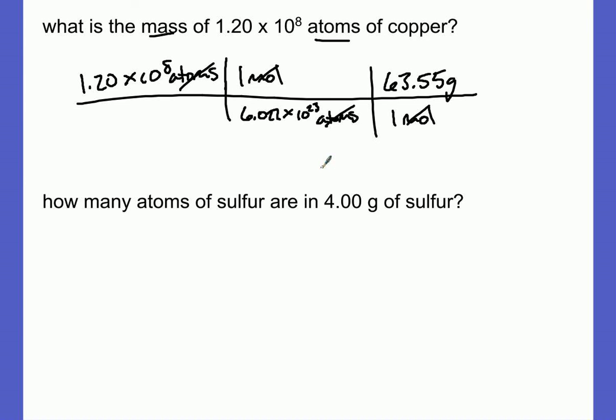1.20 times 63.55, and then divide by 6.022. Right, so that gives me part of my answer. Right, that's my 12.66 whatever. Right, but I also have this 10 to the 8th divided by 10 to the 23rd. That should be a subtraction.